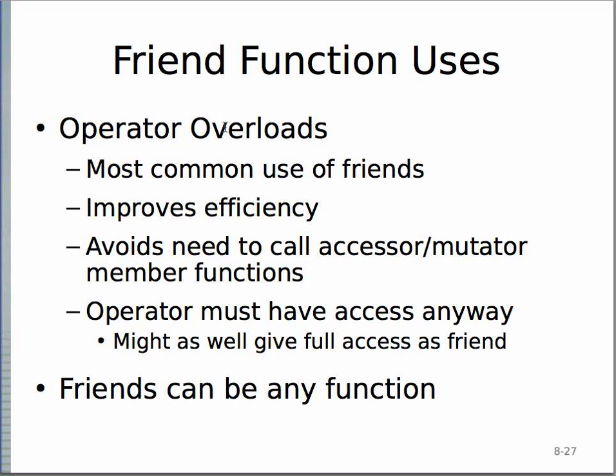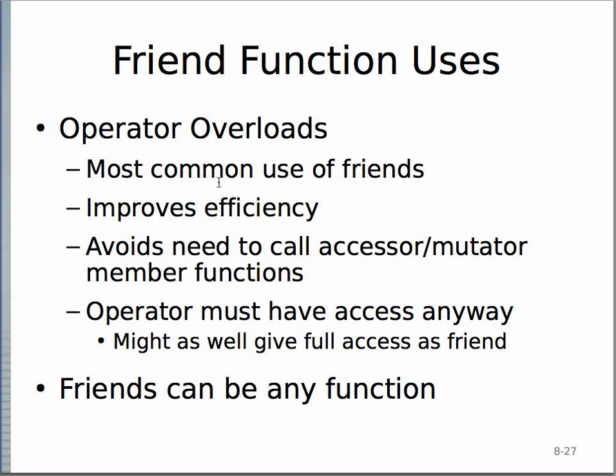So operator overloads are the most common use of friends. We will do this especially for things like the insertion and extraction operators. Almost always we will use friend functions so that we can directly output things to cout or cin.